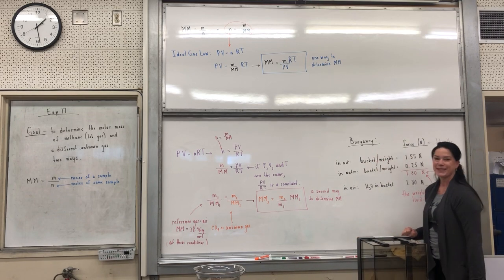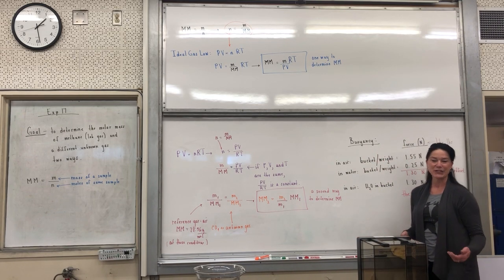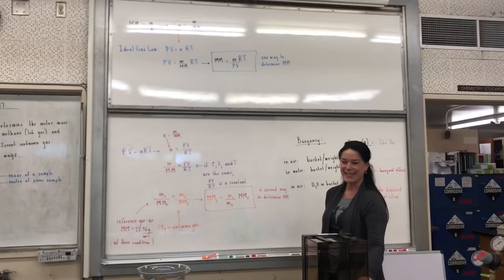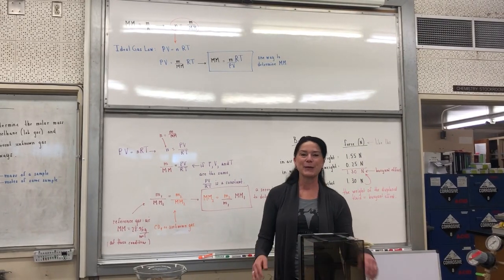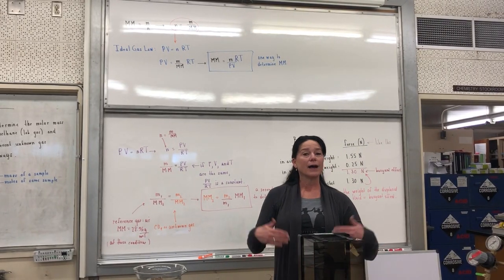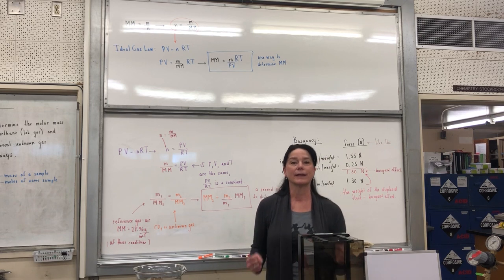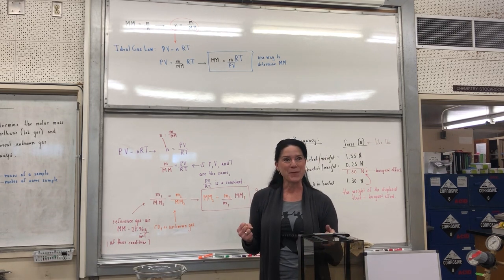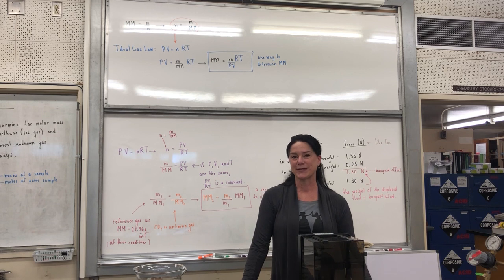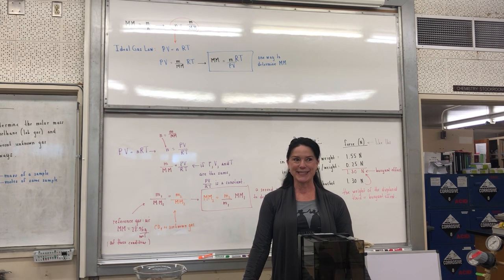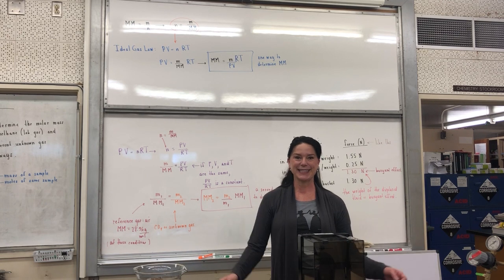Okay, so now I'd like to talk about how to measure the mass of a gas, because that is a little bit tricky, and I need to talk about buoyancy. So I weigh as much as I weigh, and I have a certain mass that gravity is pulling to the ground. But when I get in a swimming pool, I feel like I weigh so much less. I'm so light. Is it true?